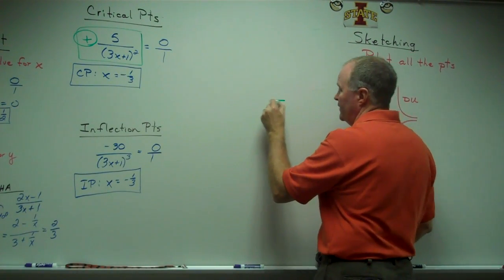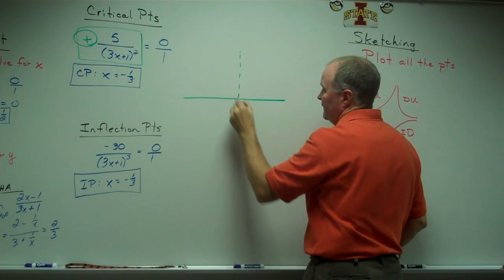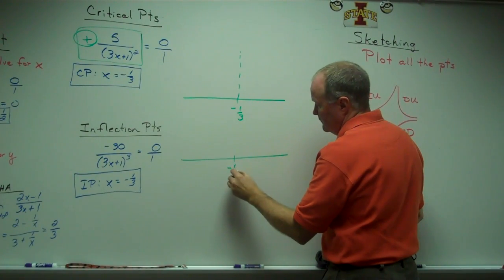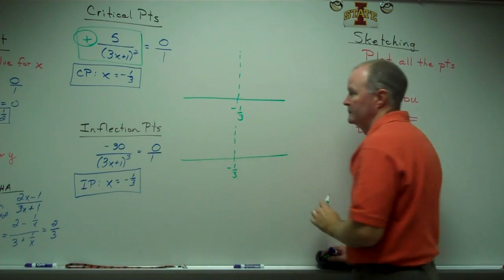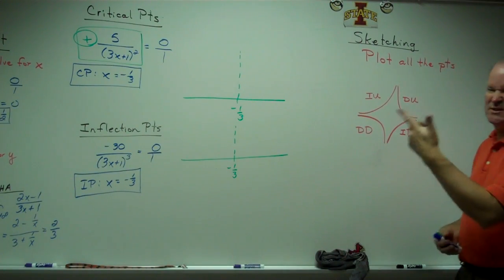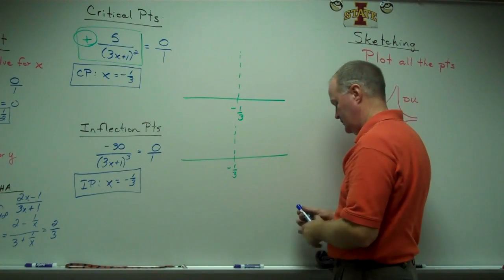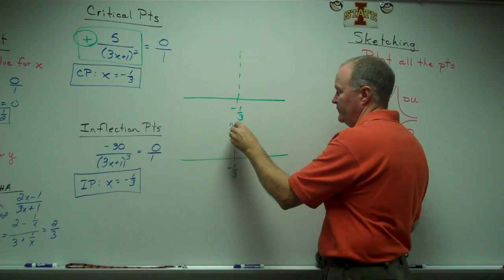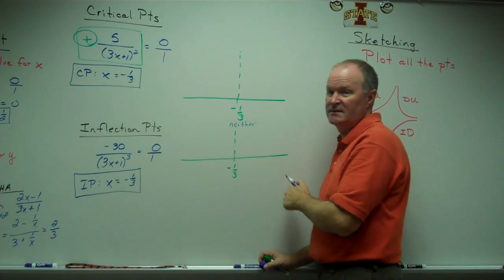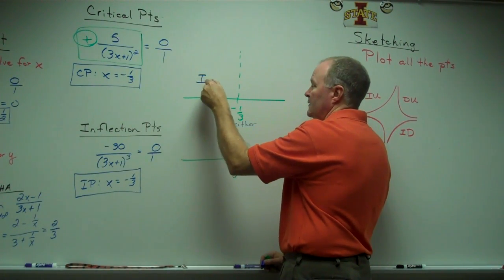Okay, if I look at my chart, not very busy. I've got my critical point and inflection point. We just kind of figured it out earlier, but this guy's going to be a neither. And we just said it, since the first derivative is always positive, I'm going to be increasing.